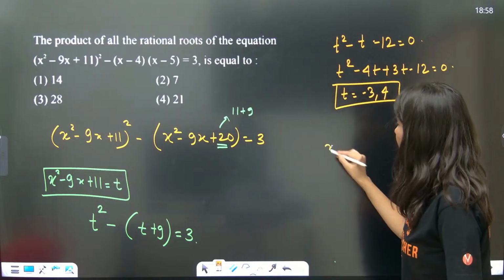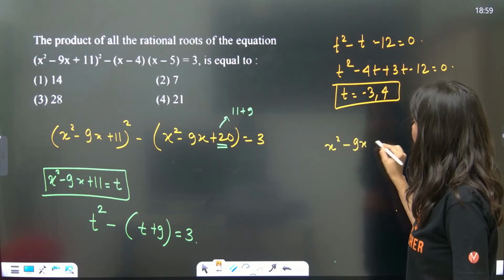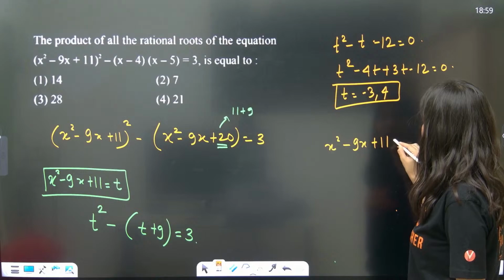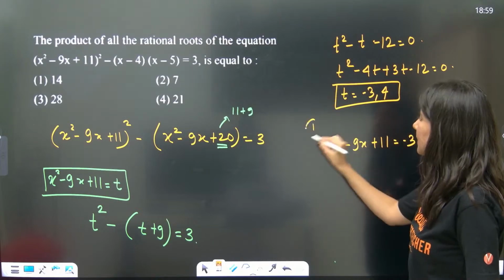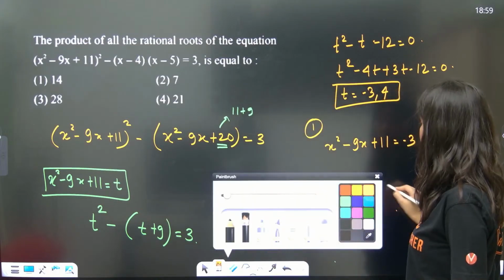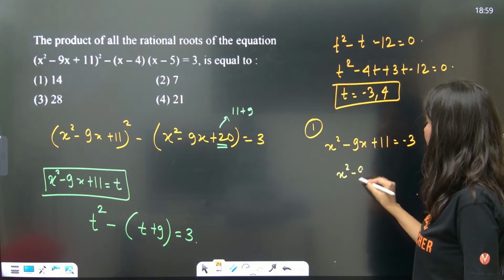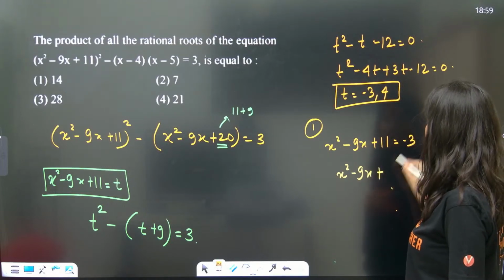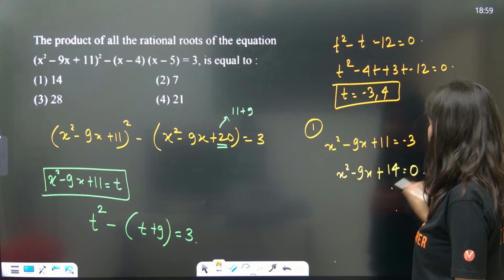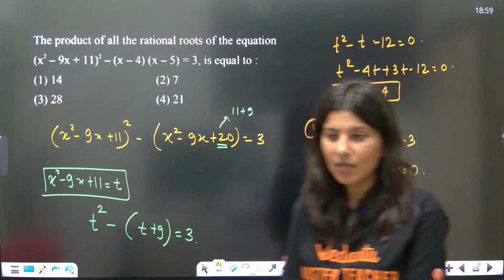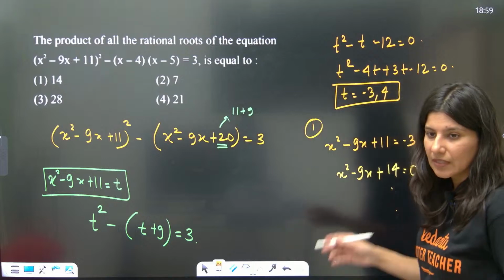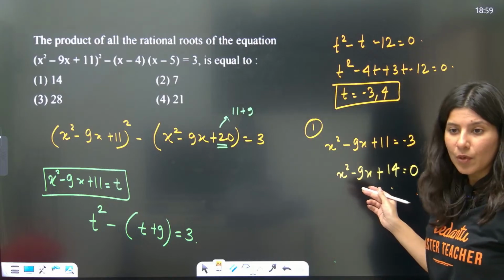That means x square minus 9x plus 11 is equal to minus 3. That is case number 1, and plus 4 also. So x square minus 9x, then 11, 12, 13, 14, is equal to 0. So from here, what will you get?